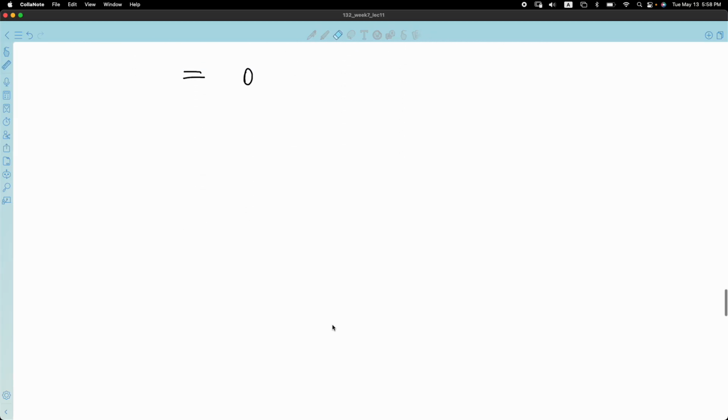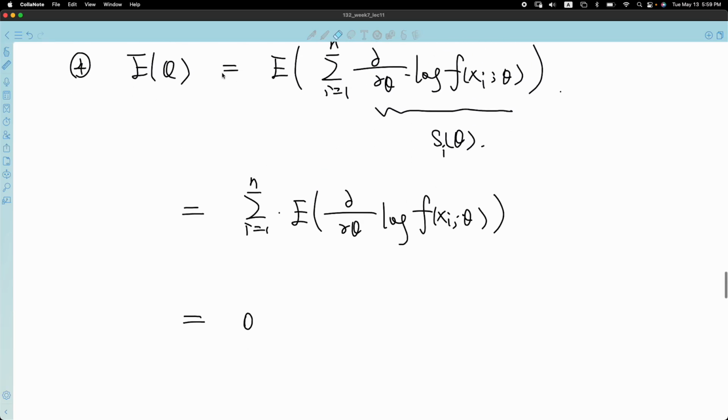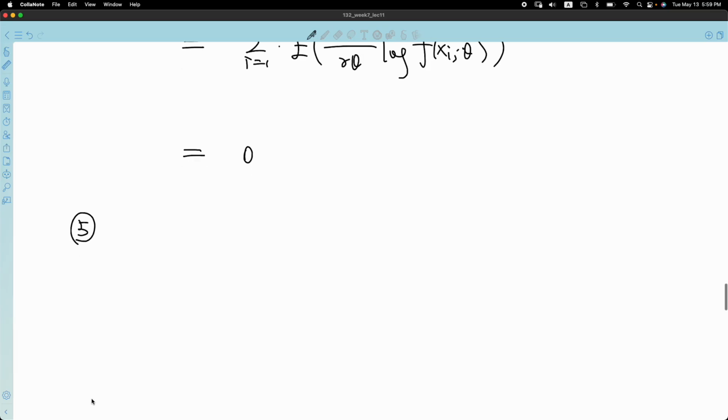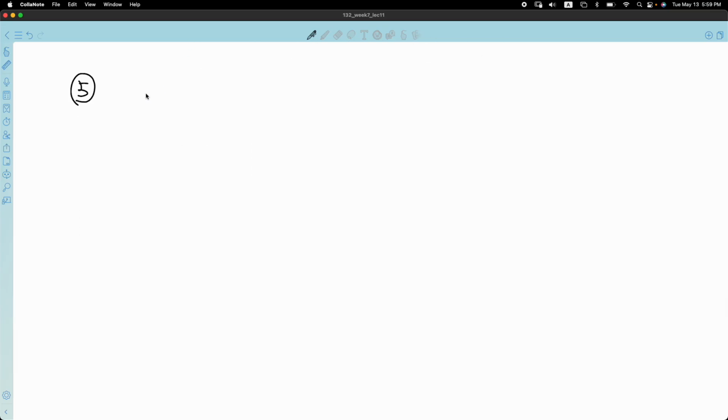Let me write it as the next bullet point, number 5. We want to calculate the expected value of Q squared.